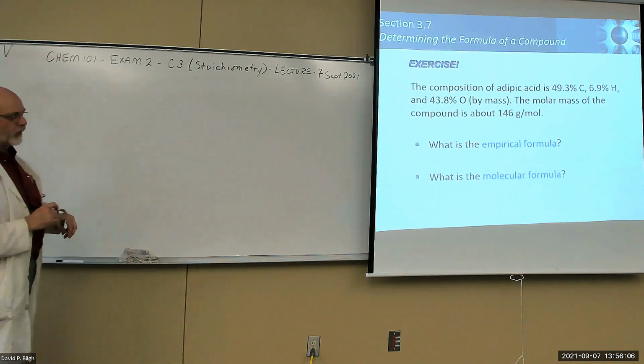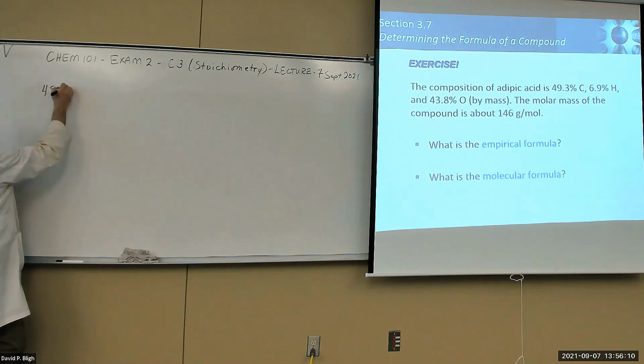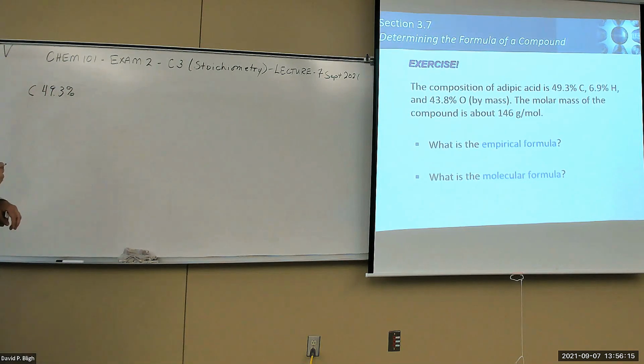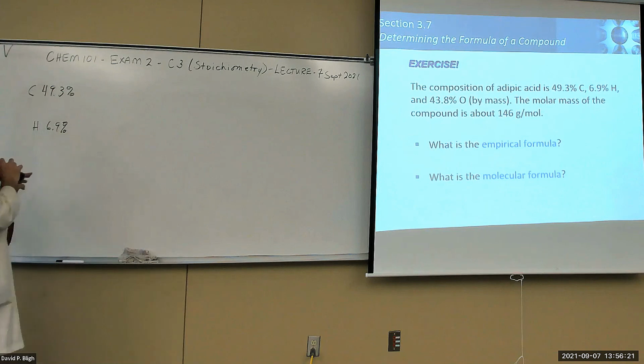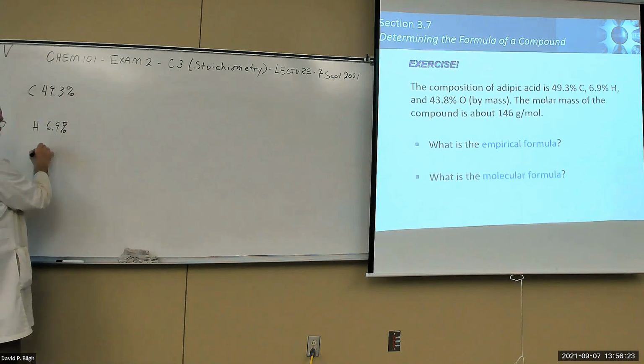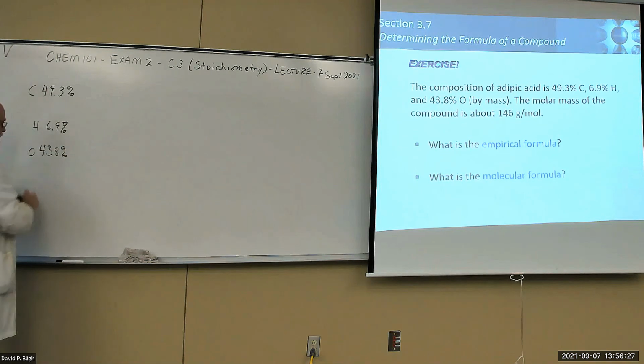So we have 49.3% carbon, and we have 6.9% hydrogen. And the rest is oxygen, 43.8. Now, if there's no error here, you should be able to add all those three up and get what number? 100.